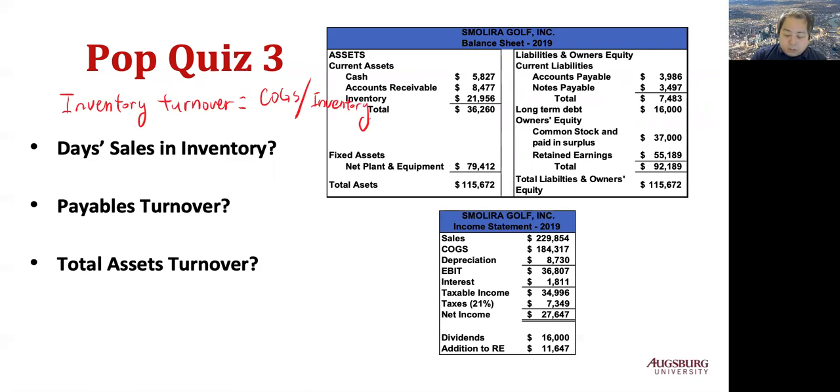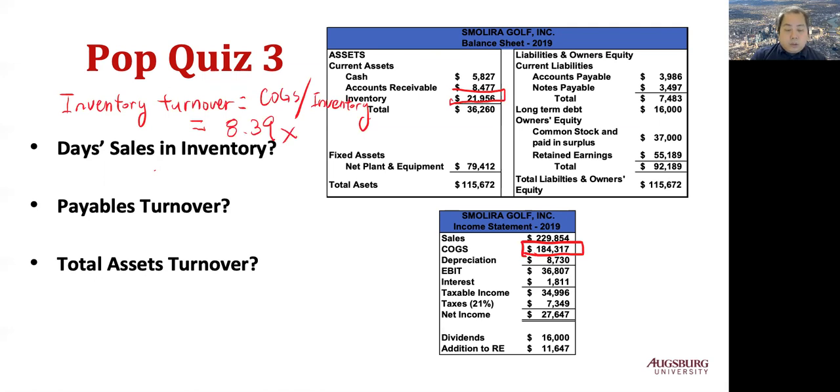The cost of goods sold of this company is 184,317. Inventory is 21,956. Inventory turnover equals 8.39 times.